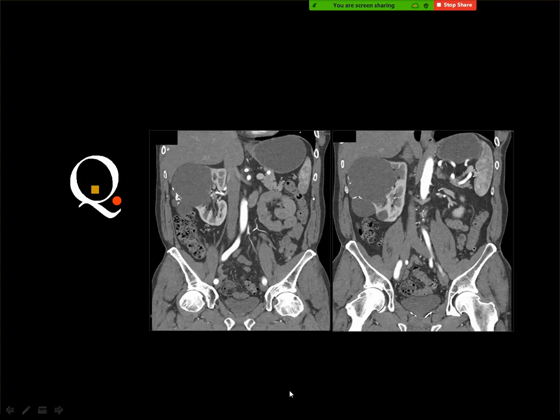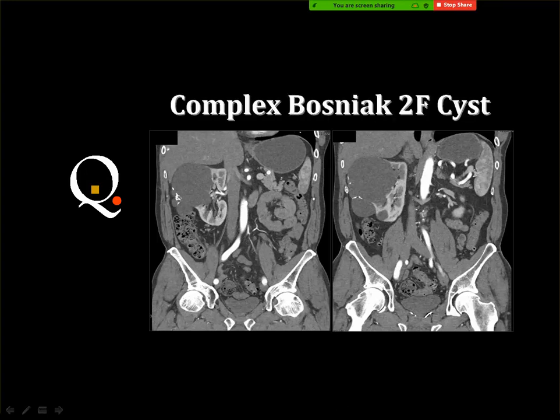This is type 2F cyst. Whenever you see calcium, you consider type 2F, because calcium is one of the signs that may suggest the possibility of later development of malignancy. So if you see a cyst with calcium, you should consider Bosniak type 2F. F means follow-up.